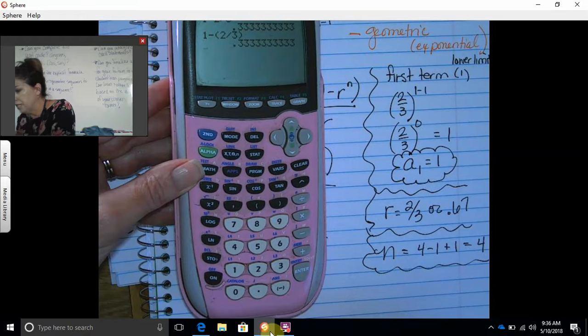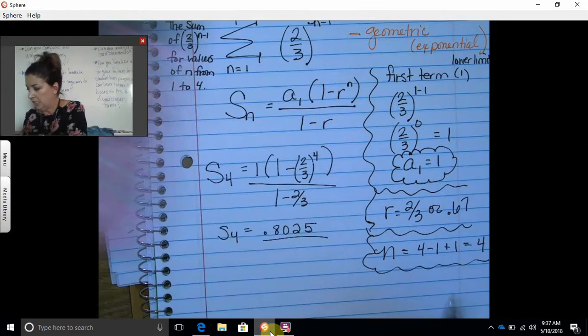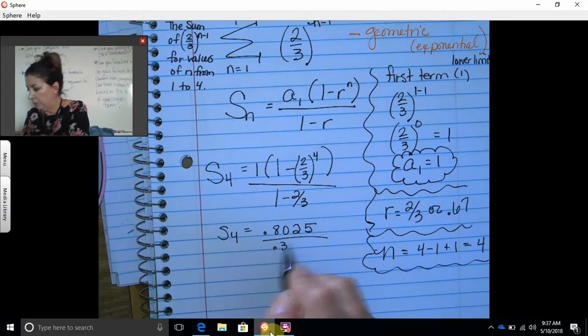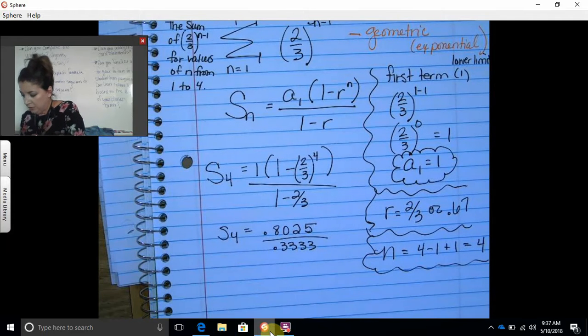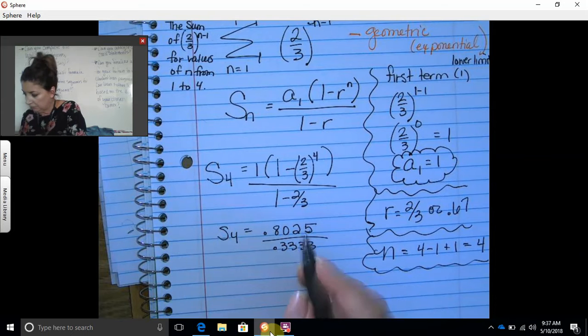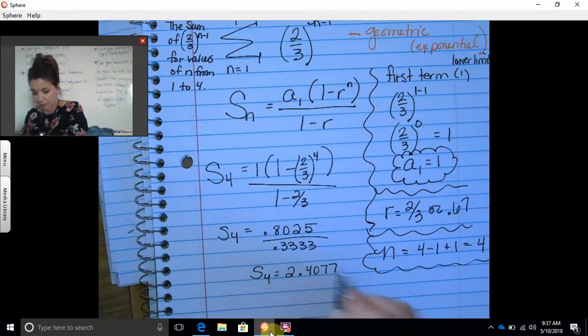Sometimes it just depends on the problem. I would just use parentheses to make sure. The denominator is 0.3 repeating. So 0.8025 divided by 0.3333, and you get approximately 2.4077.